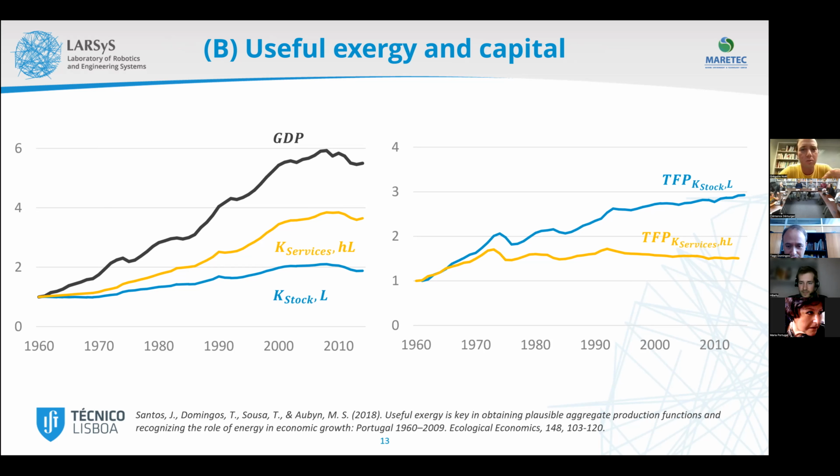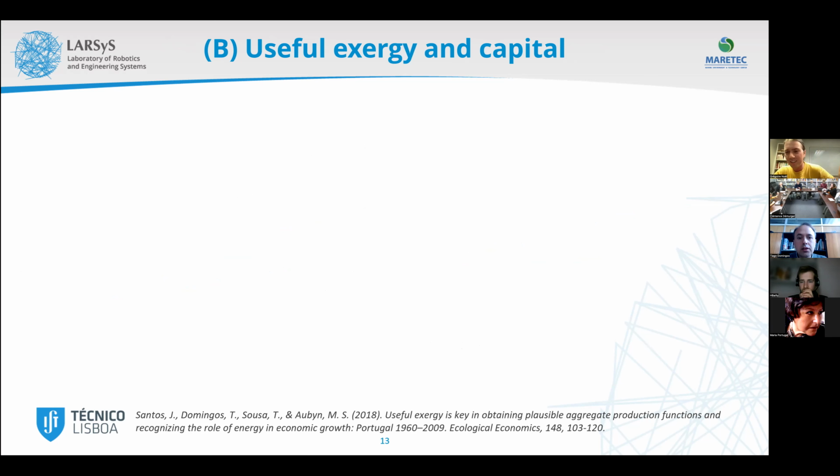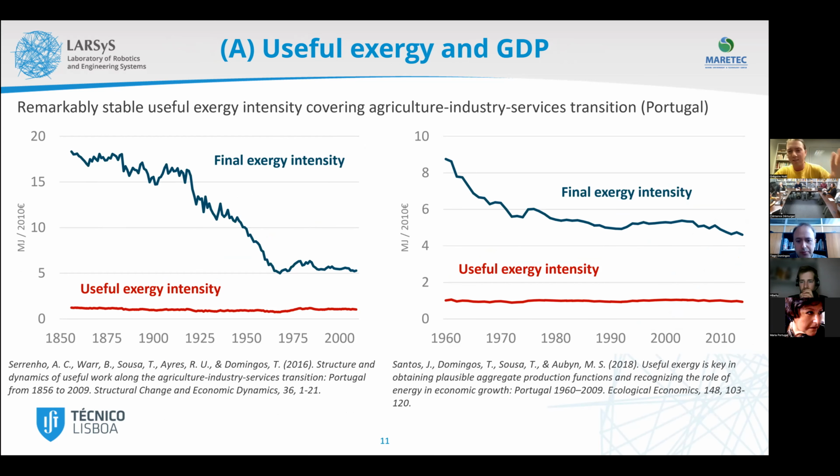Just wanted to make sure how useful exergy could correlate with real GDP. It's really linked with the light emitted with a lamp, even if the lamp is in the desert and serves no purpose, right? Yeah.